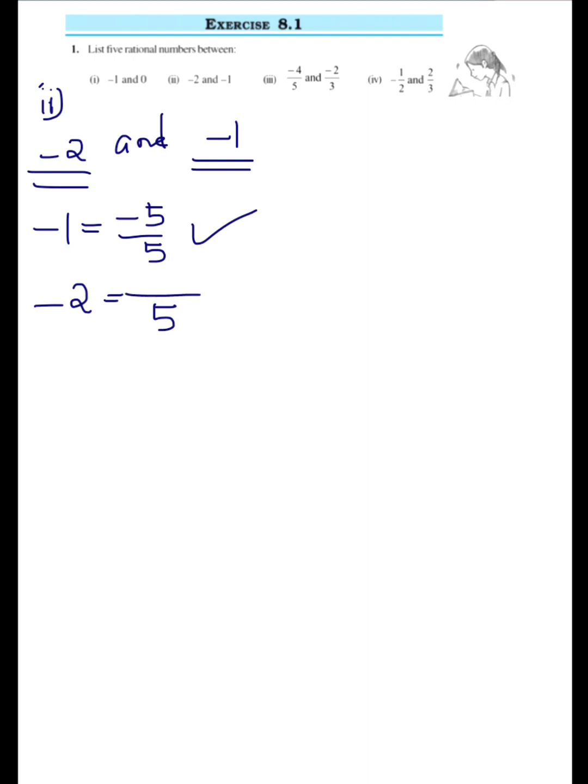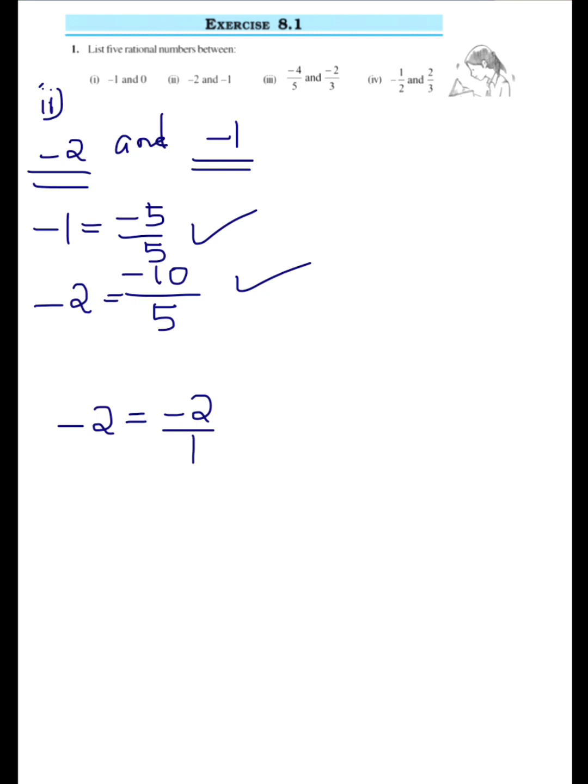So if I am taking the denominator as 5, you know that minus 10 by 5 is equal to minus 2. So in this way you have to take minus 1 and minus 2. Understand? That is how you are getting this minus 10 by 5. If I am taking minus 1 as minus 5 by 5, then minus 2 means what? It's equal to minus 2 by 1.